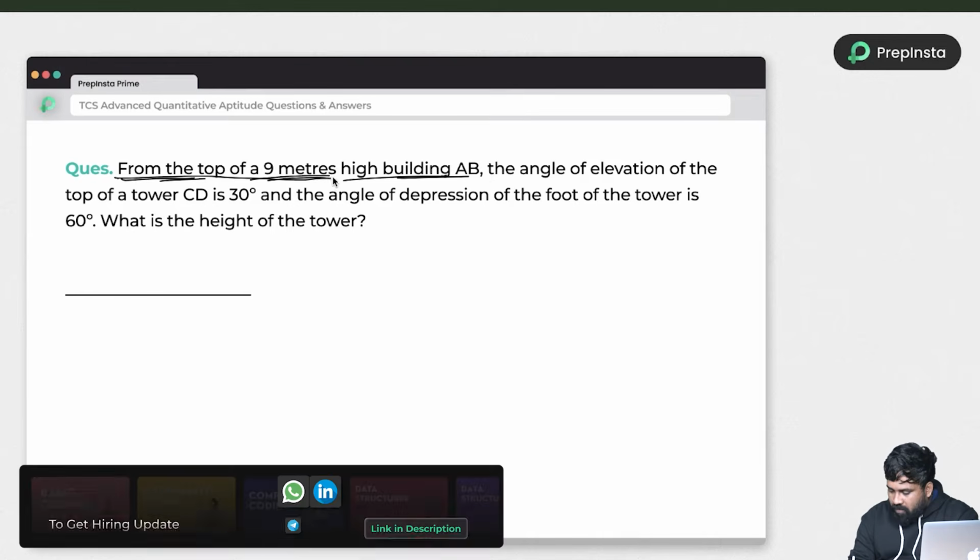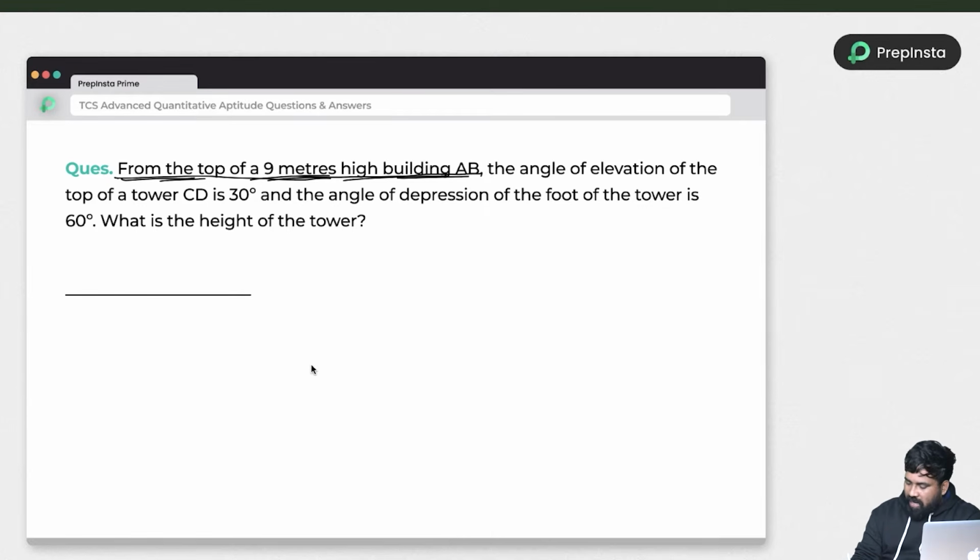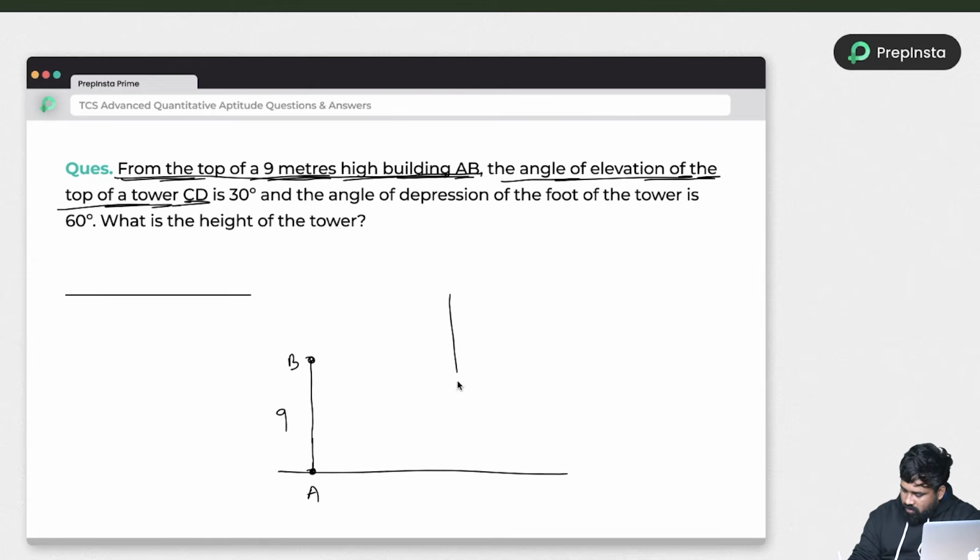These are all intermediate mathematics. So this is A and this is B. This is a 9 meters high building, and the angle of elevation of the top of the tower CD. So there is a CD tower also.